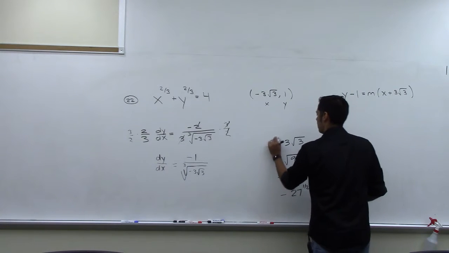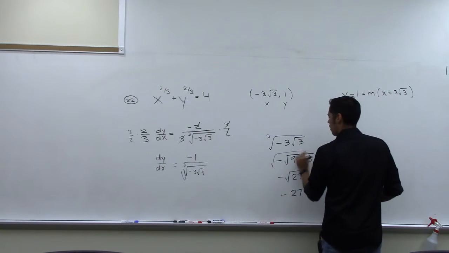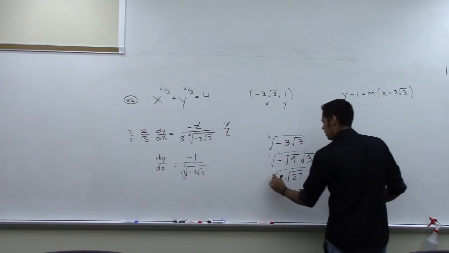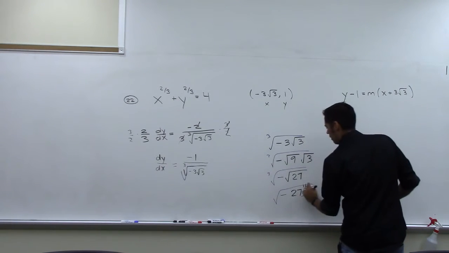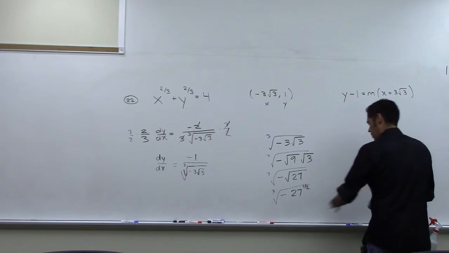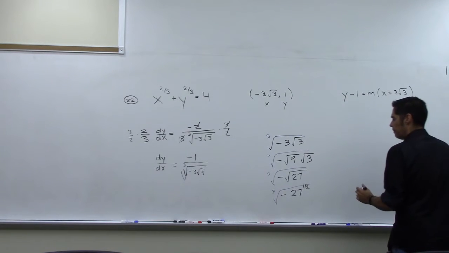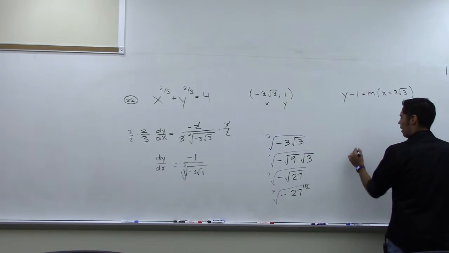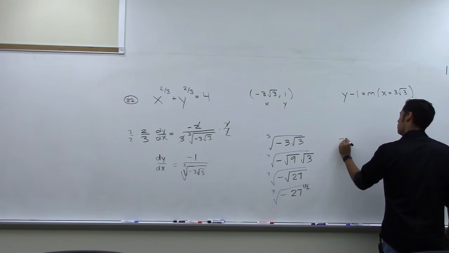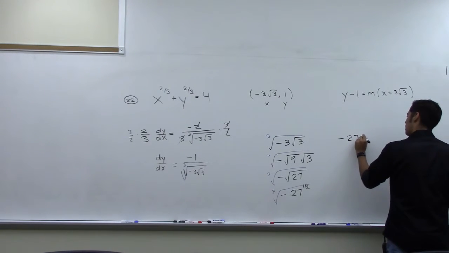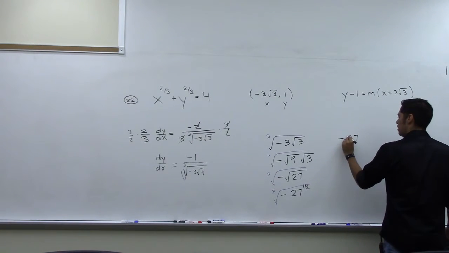So what happens if I take the cube root of all this? Well, what I could do is rewrite this as negative 27, right? Now 27 is to the 1/2.